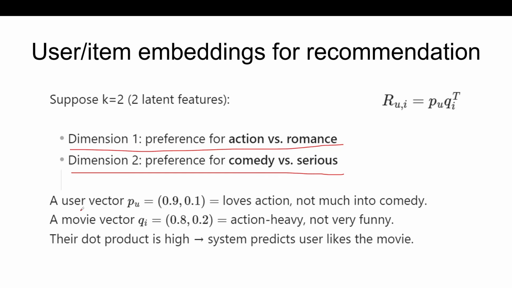For example, if the user embedding is 0.9, 0.1, then it is very likely that this user loves action and is not so much into comedy. And a movie vector of 0.9, 0.2 means that it's action heavy and not very funny. So we see a good alignment here, their dot product is very high, and the system predicts that this user will like the movie.